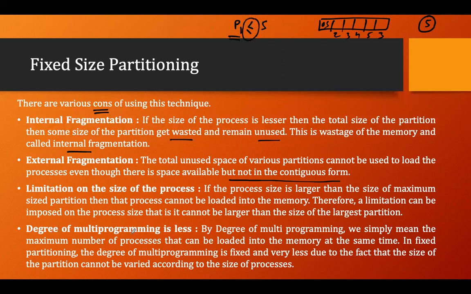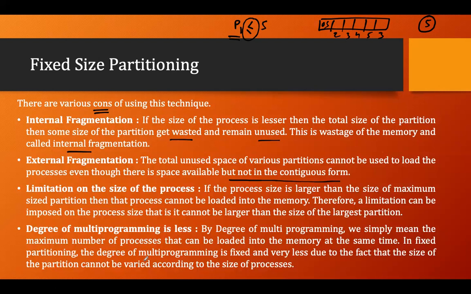Degree of multi-programming. So why are we learning memory management? To increase the degree of multi-programming, right? So here, with the help of fixed size partitioning in a contiguous memory allocation, we are actually decreasing the multi-programming. How? By degree of multi-programming, we simply mean the maximum number of processes that can be loaded into the memory at the same time.